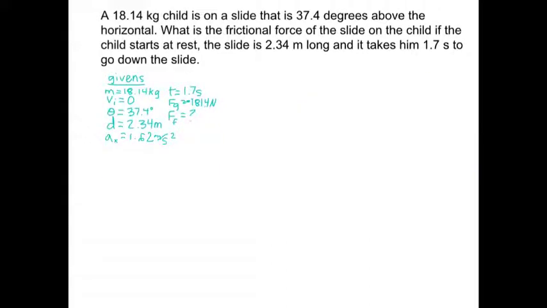We can use the fact that the acceleration of x is 1.62 meters per second squared, and the mass is 18.14 kilograms. The force of gravity is negative 181.4, and remember that one's negative, to solve for the frictional force.